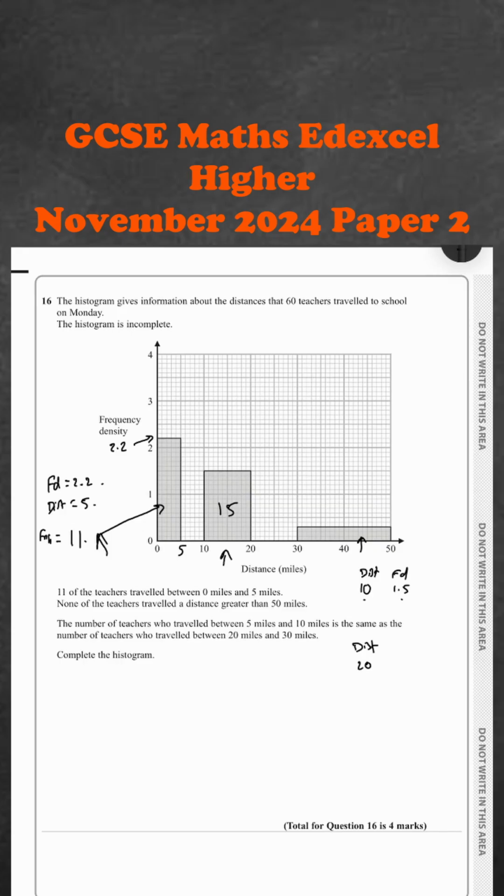We can see that the frequency density goes up 3 boxes, so that's just going to be 0.3. Times these together again, you get the frequency equals 6. So we have 11 people, 15 people, and 6 people, giving us 32 people.